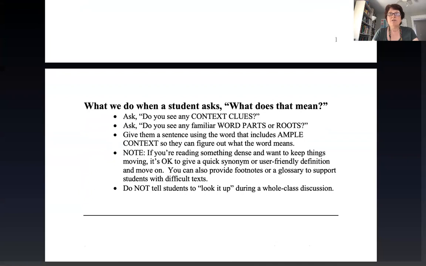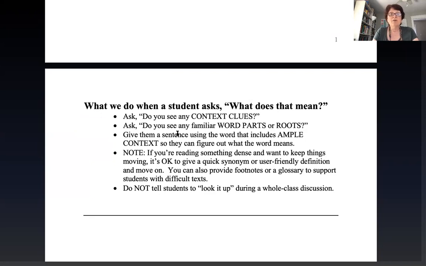Pretty often when you're teaching, students will raise a hand and say, hey, what does that word mean? There are a variety of things you can do, not necessarily in this order, depending on the situation. But instead of saying, look it up, one thing you should do is ask them if they see any context clues. Another thing is to ask them if they recognize any familiar word parts or roots.